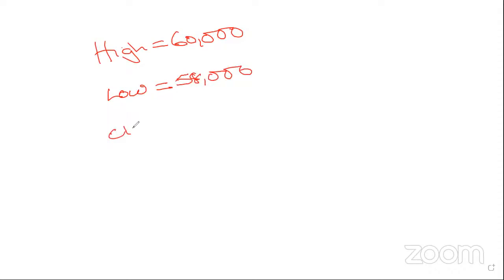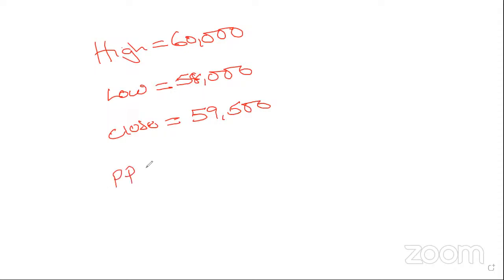The high was $60,000. The low was $58,000. And when the day ended, the close of BTC was $59,500. Pay close attention.